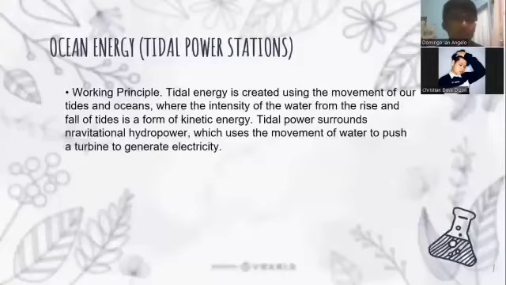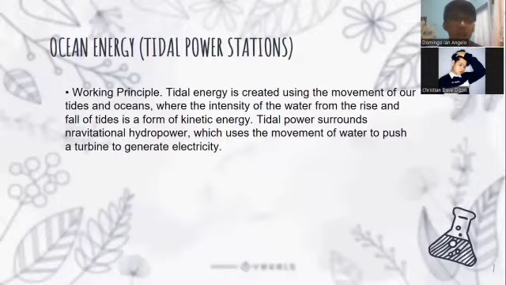So, next. Ocean energy, the tidal power station. Working principle: tidal energy is created using the movement of our tides and ocean. So, yung tidal power daw or yung tidal energy, nagmumula siya sa movement ng alon, ng tubig sa oceans or pwede rin sa mga rivers.